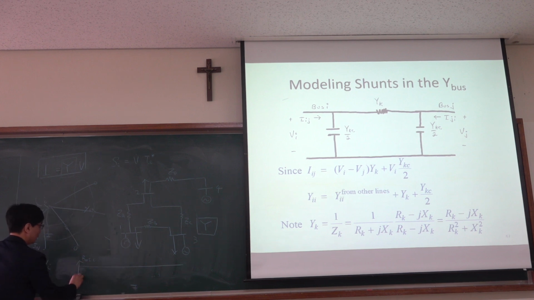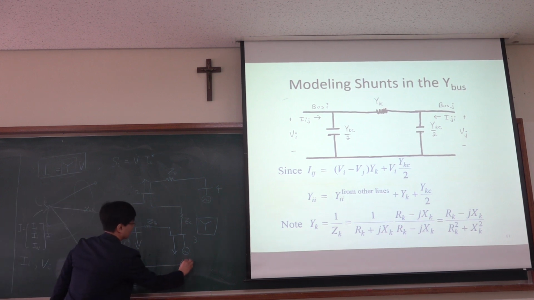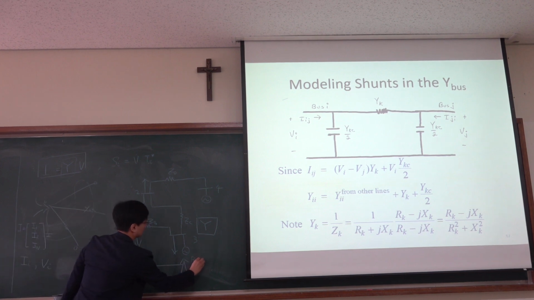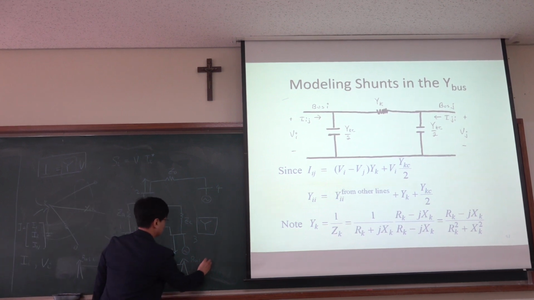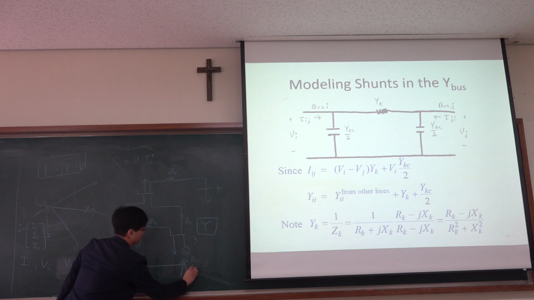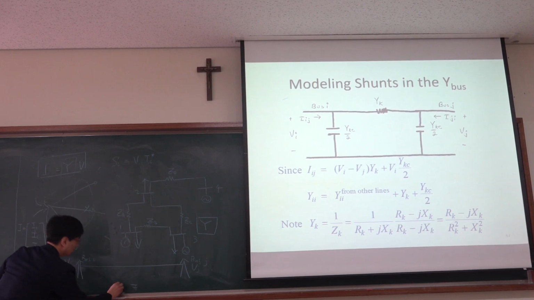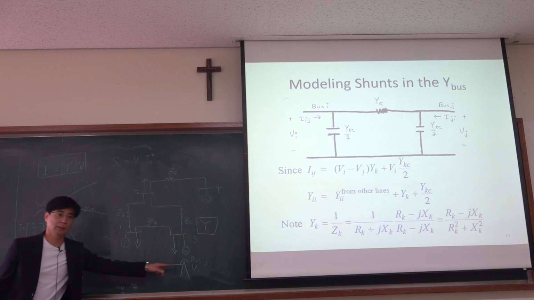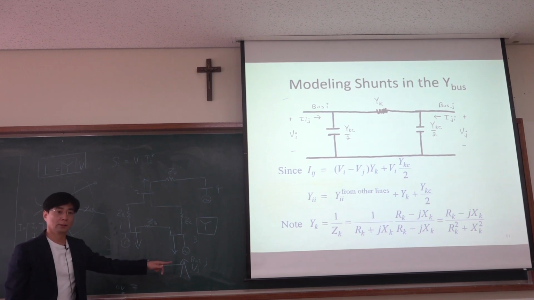And we have some tower here, another tower here. This is bus J. Some voltage here, Vi. Another voltage here, Vj. This is 0 volt. This is a copper or aluminum line.